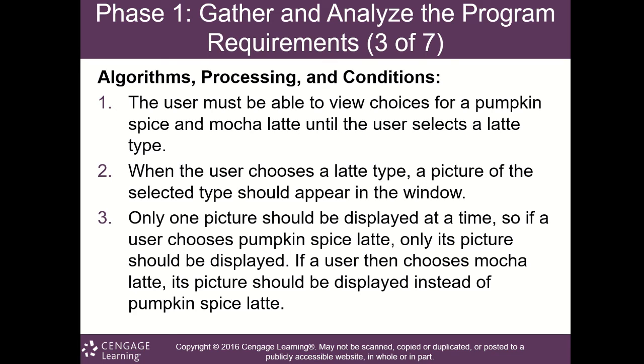So in our case, the requirements were that the user should be able to view the choices of a pumpkin spice and mocha latte until they select the latte type. When the end user chooses a latte type, the picture of the selected type should be displayed on the window.